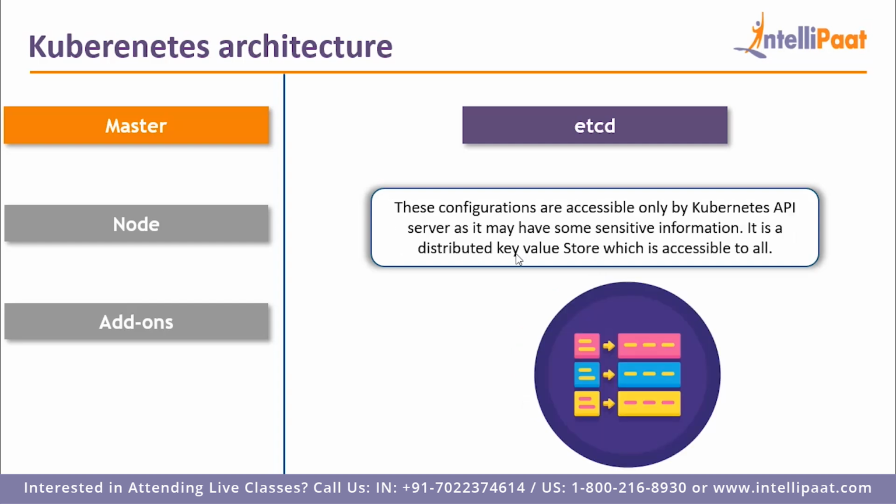These configurations are accessible only by the Kubernetes API server, as they may contain sensitive information. So it is kind of an encrypted area where you keep your sensitive information as a distributed key value store, which is accessible to all. This key value store contains all of the configuration information and other sensitive information required for it to run.